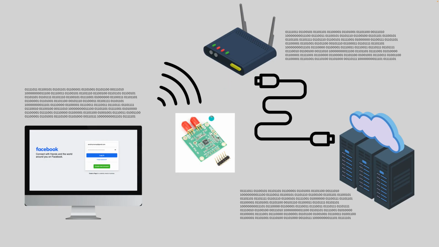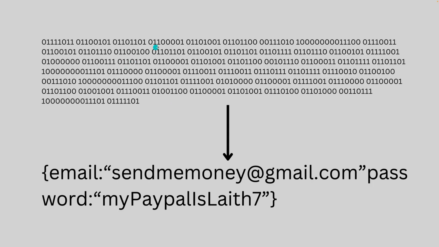So I can just have this roaming around in the room and read all of the byte data. And once I get the byte data, I can just go ahead and convert it to human readable JSON. And look at that. Now I have your email and password. And that is exactly why HTTP is not secure.